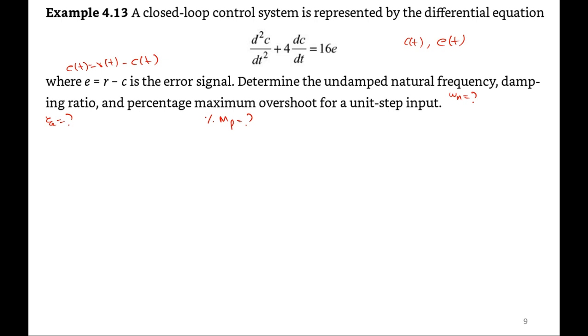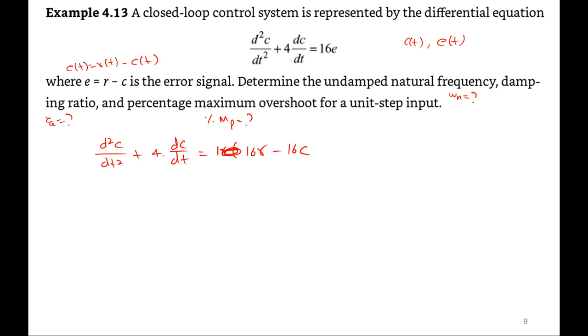Okay, let me write it. d square c by dt square plus 4 dc by dt plus 16e. What is e? Instead of e, I'll substitute r minus c, right? 16 into r minus c. Let me multiply and write it: 16r minus 16c.